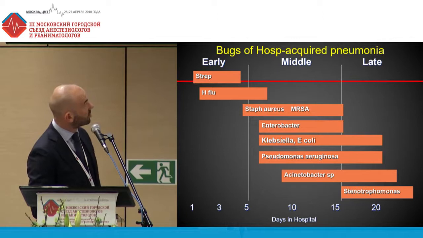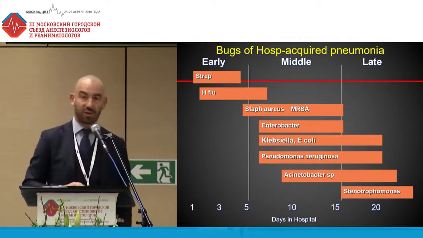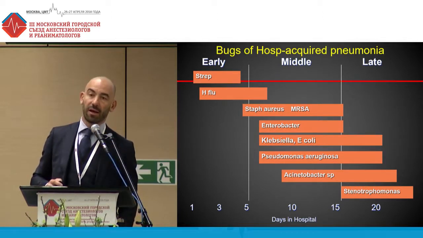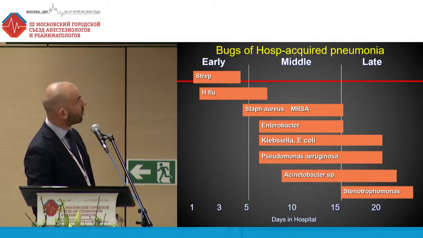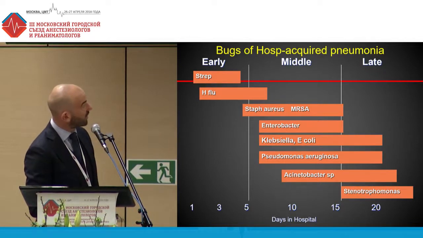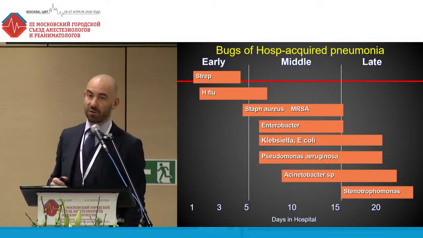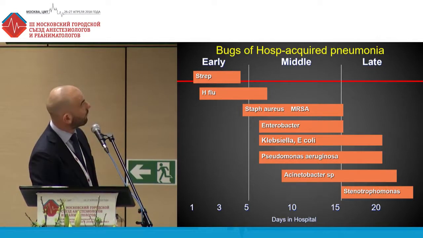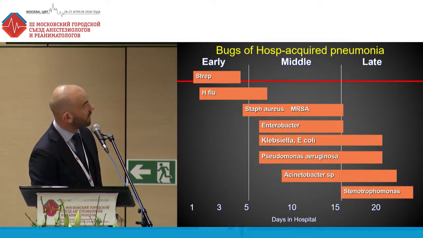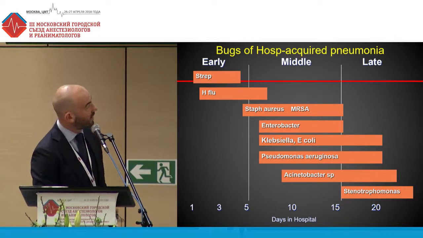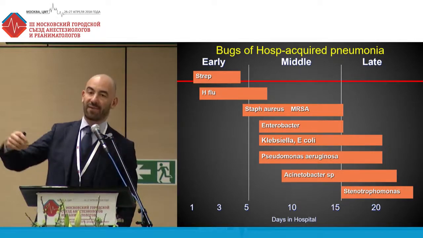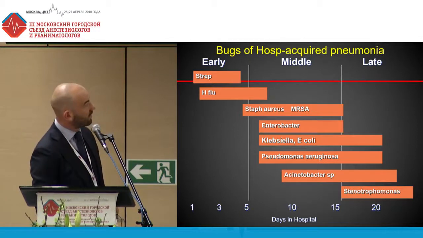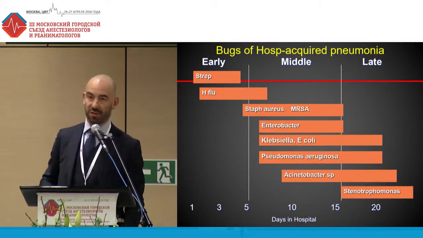Which gram-negatives? In general, Klebsiella is one of the main pathogens with E. coli, but also don't forget the importance of Pseudomonas aeruginosa, which is very important between day 6 and day 20. A little bit later we have Acinetobacter baumannii, and very late we have Stenotrophomonas maltophilia.